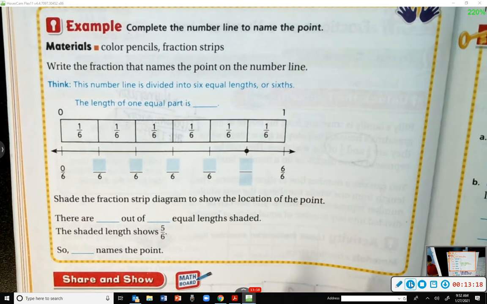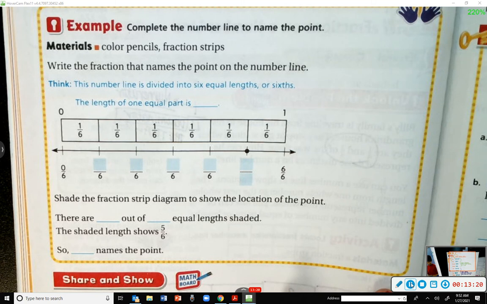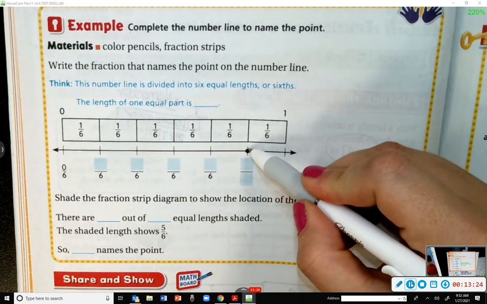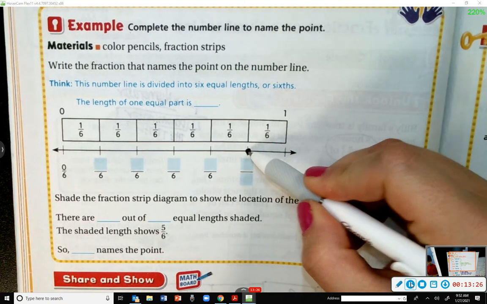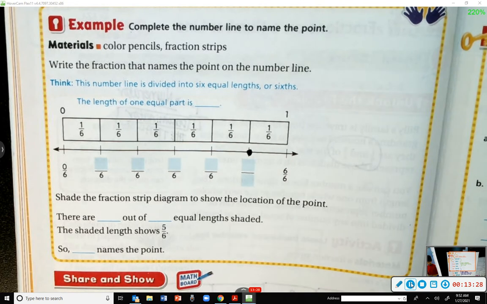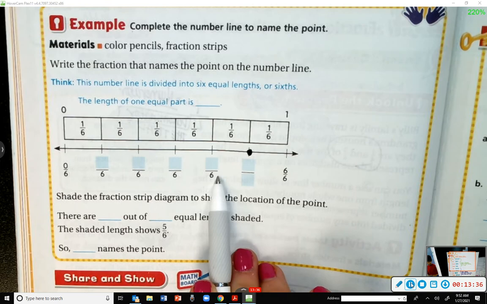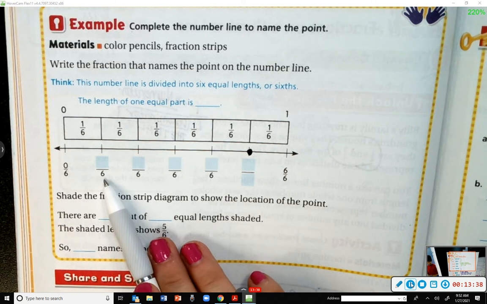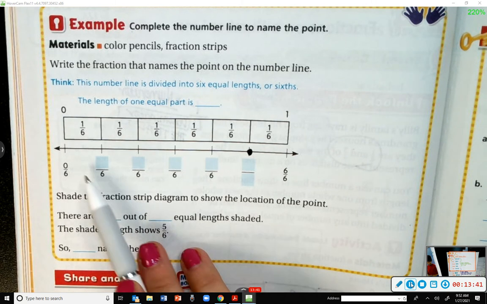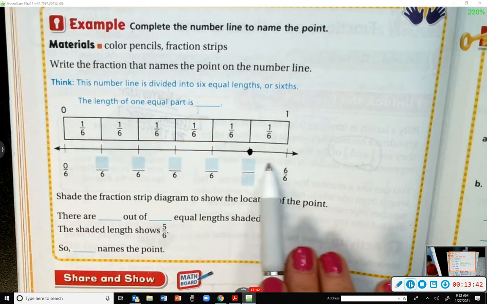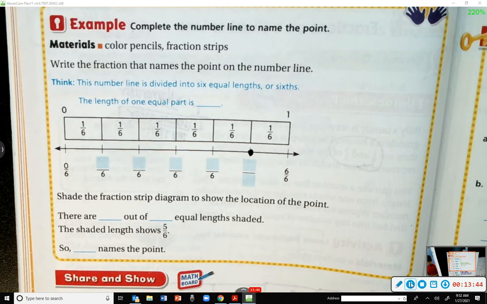Example 1. Complete the number line to name the point. So everybody see this point down here? We're trying to name the fraction that point is on, okay? They've already broken the number line and given us the denominator, okay? The reason the denominator is 6 is because they've broken the number line into 6 equal parts.